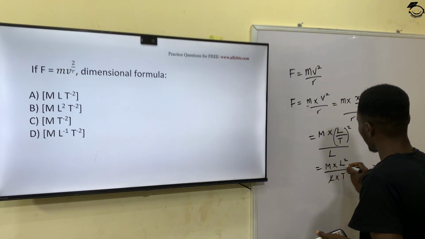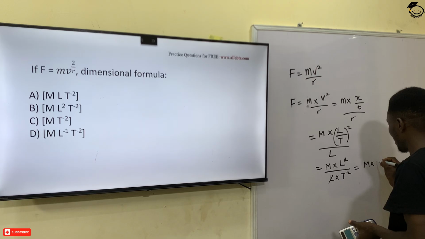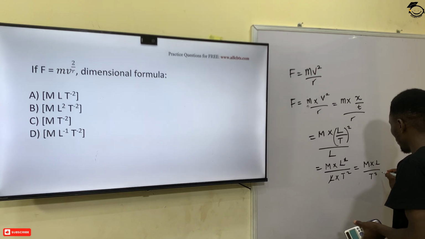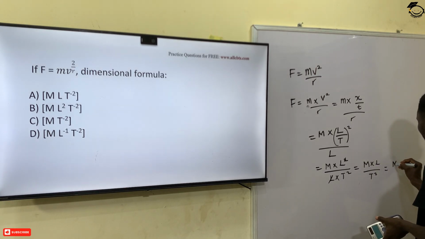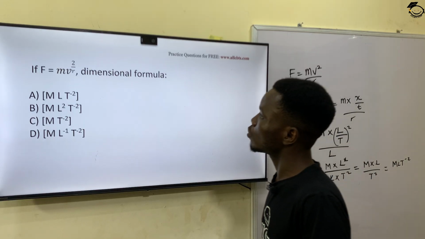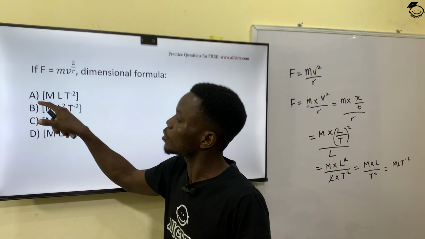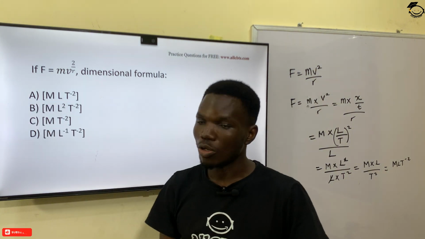So the square here will cancel out this length. So I'll have mass times length over time squared, which is the same as saying I have ml t raised to the power minus 2. So the dimension is ml t raised to the power minus 2. Looking at our options here, ml t raised to the power minus 2 is option A. So the correct answer here is option A.